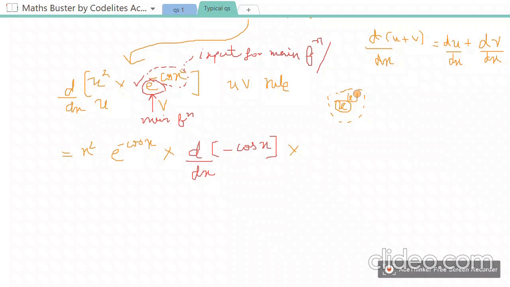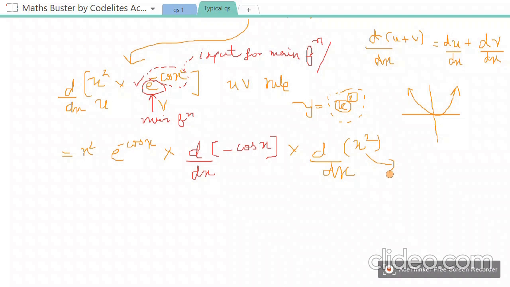This is your power function, so x is getting squared. Its graph is a parabola, the function y is equal to x square. So if cos of x square was there, the chain rule would again apply to d by dx of x square, because this is your second input.